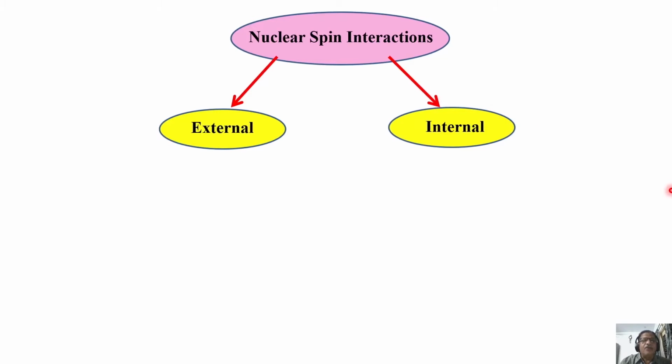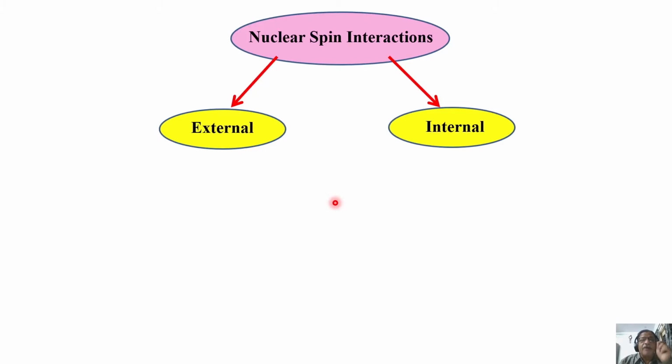Now the question is, what is an external interaction? Of course, we all know this. I have been discussing this since last several classes. First external interaction is, you must remember, I said, moment you put the magnetic moment, that is the nuclear spin, in a magnetic field, there is an interaction of this nuclear magnetic moment with the external magnetic field.